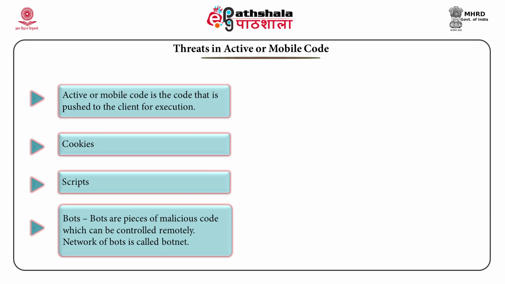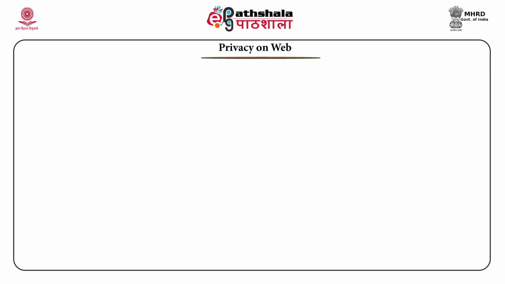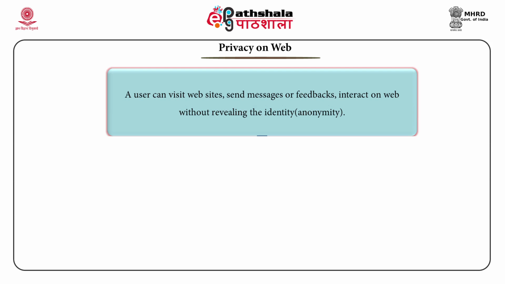Bots are pieces of malicious code which can be controlled remotely. A network of bots is called a botnet. The problem is of privacy on the web. A user can visit websites, send messages or feedback, and interact on the web without revealing their identity, which is called anonymity.